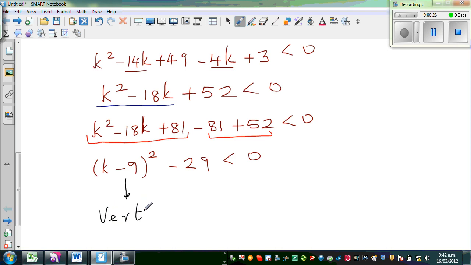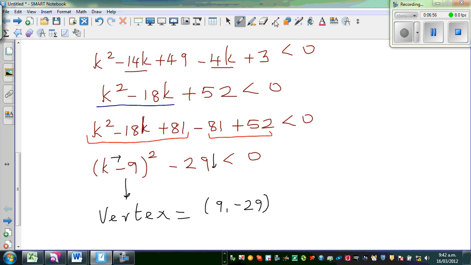If you know graphing quadratics, this parabola has gone 9 to the right and 29 down. I'll show this on a calculator. So the vertex is (9, minus 29).